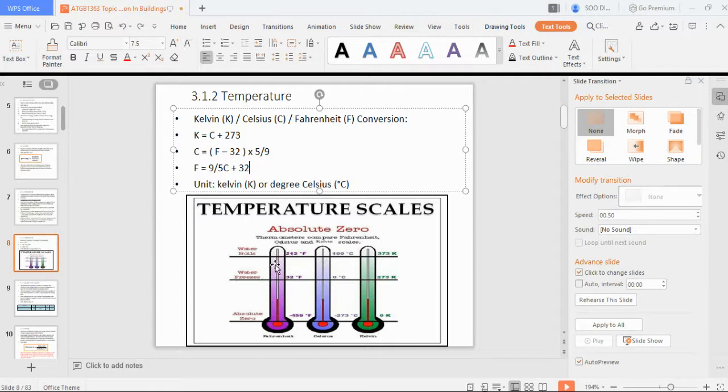This sort of measurement is a bit confusing if you don't mention what the unit is. Because if you were to mention 100 K, then it would be a very cold temperature.